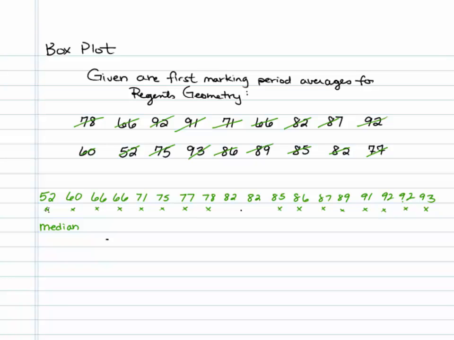So obviously my answer is going to be 82. But if I had an even number of data and I needed to find the median, it would always be the average between these two numbers. So 82 and 82. I know my average is going to end up being 82.